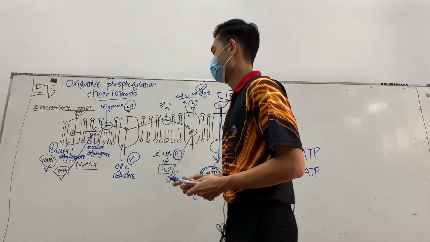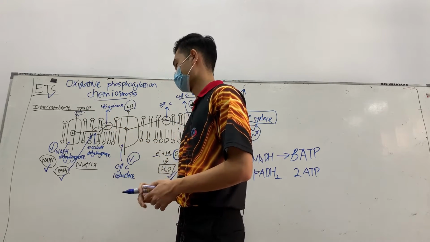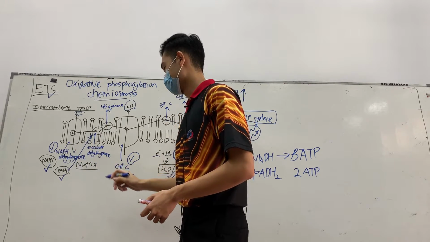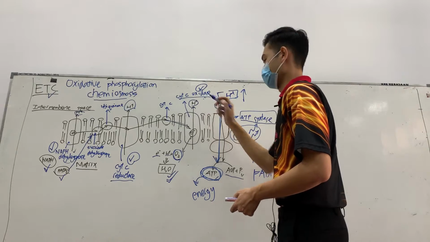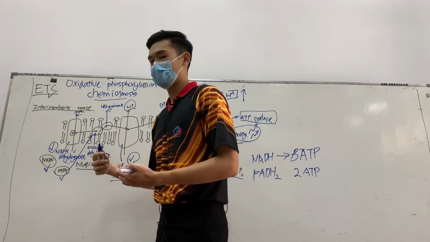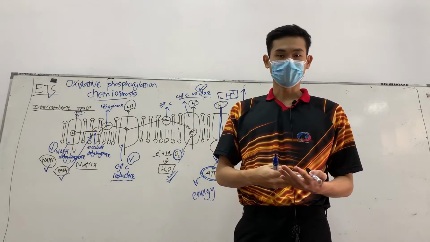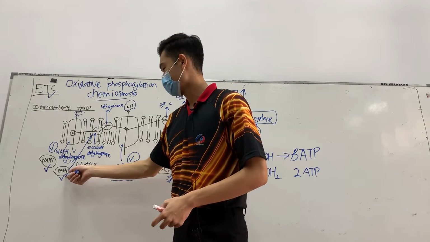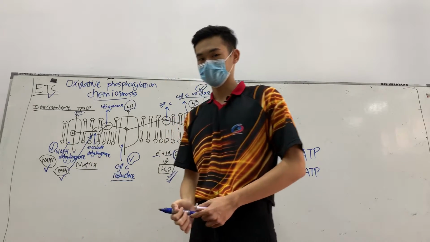And for your information, the pumping of H+ ions only occurs at three places, which are NADH dehydrogenase, cytochrome C reductase, and cytochrome C oxidase. And we all know that electrons will transfer from a less electronegative atom to a more electronegative atom. And FADH2 is more electronegative than NADH dehydrogenase.